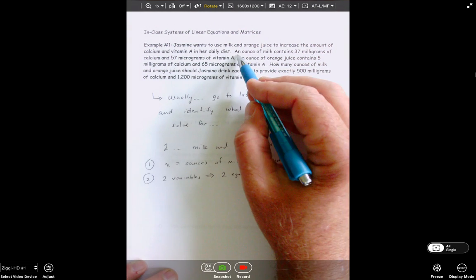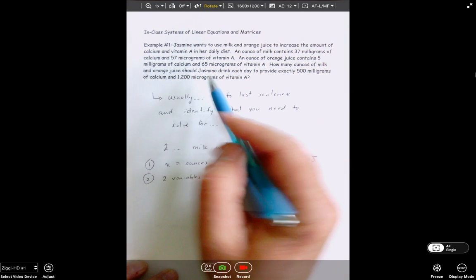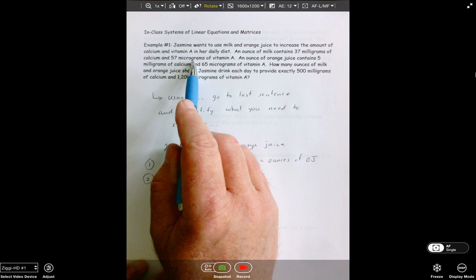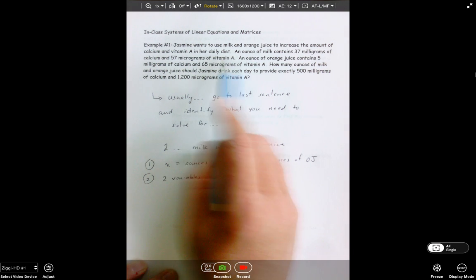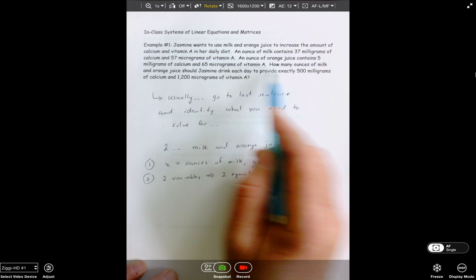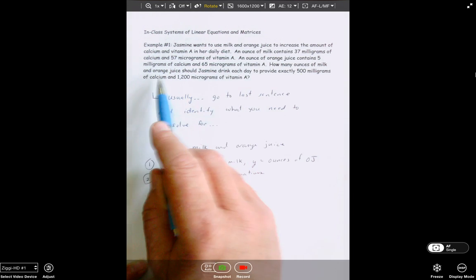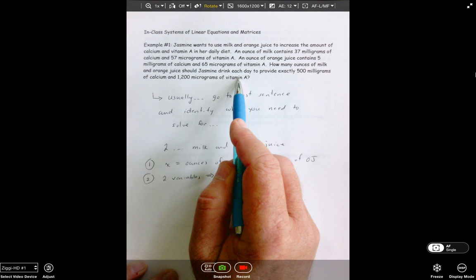I can see that an ounce of milk contains 37 milligrams of calcium and 57 micrograms of vitamin A. Orange juice has so much calcium and so much vitamin A. Down here it says provide exactly 500 milligrams of calcium and 1200 milligrams of vitamin A.